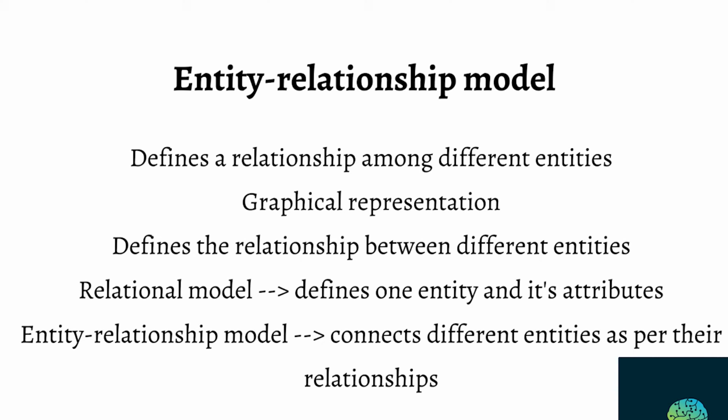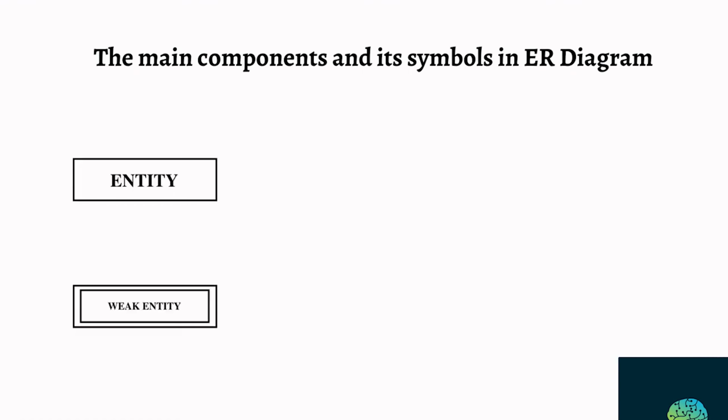This model complements the relational model, and when both are combined, they provide a strong structured database design. Now, the entity relationship model is represented by ER diagrams, and to draw the ER diagrams, let's see some of the components that are similar to the relational model and also the symbols that those components carry.